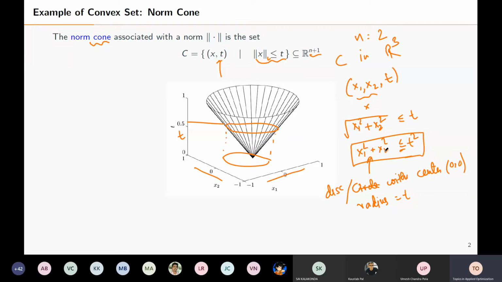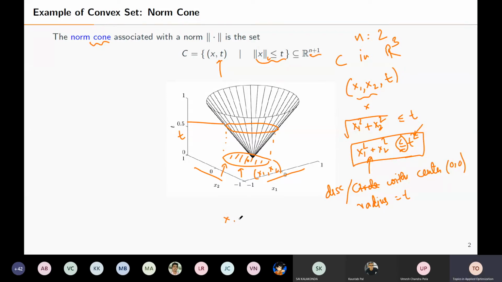You are asking for the set of all (x1, x2) such that x1 squared plus x2 squared equals t squared. Those pairs are here, and not just equal but less than or equal, so it is a disk centered at the origin.